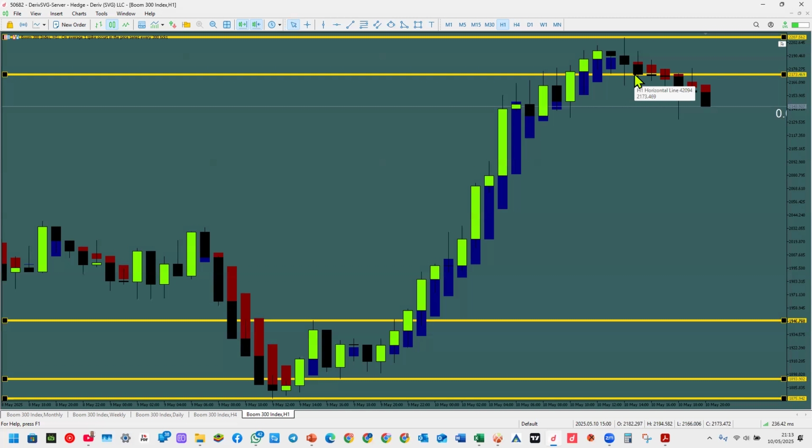Can you see how profitable it is? Very profitable, right? So that's how effective support and resistance are in the market.